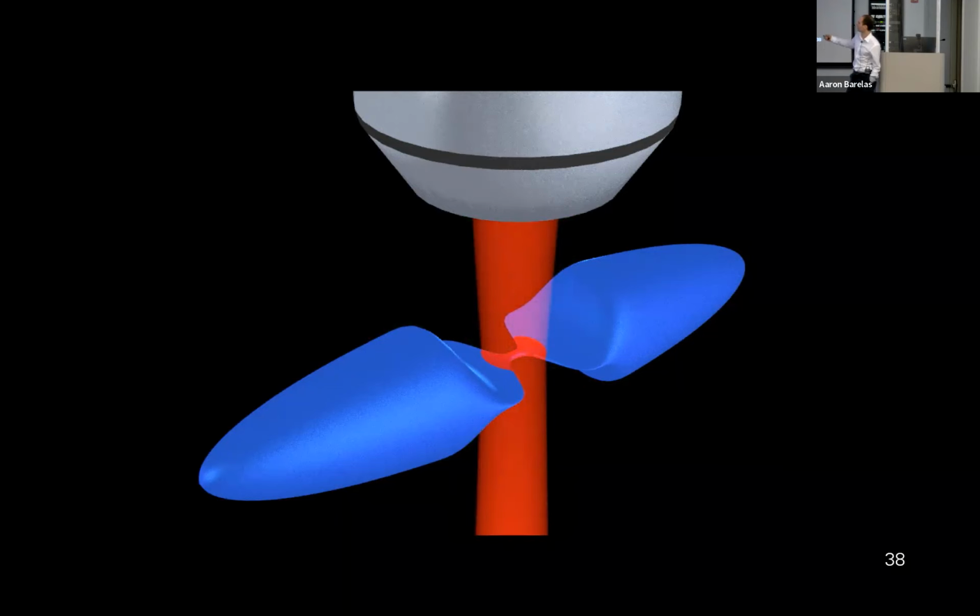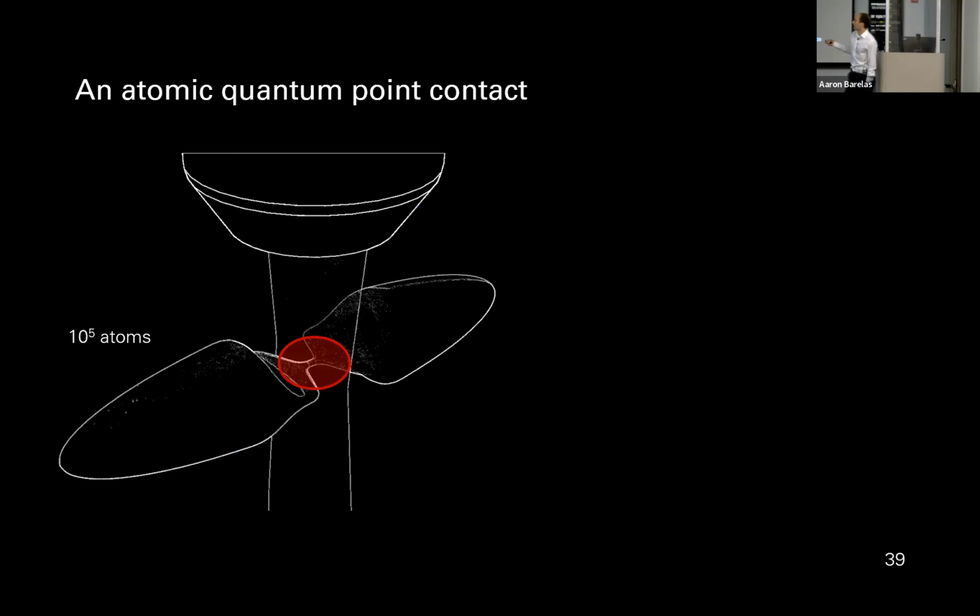And in addition, you can also send through this microscope attractive beams that are essentially increasing the local density there, acting as the cold atom equivalent of a gate potential you would apply on a normal heterostructure.